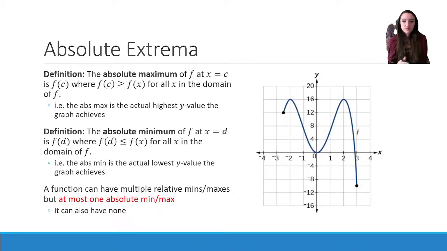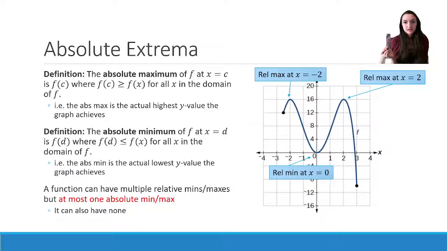So, for example, in this graph, we now have a relative min down here. These two right here are relative maxes, but also they are absolute because they happen to be the highest value that this function takes.